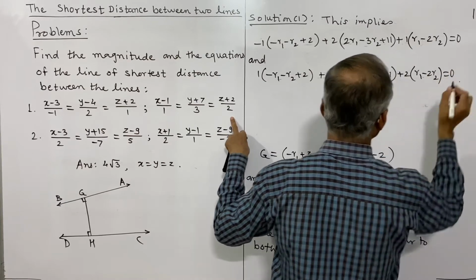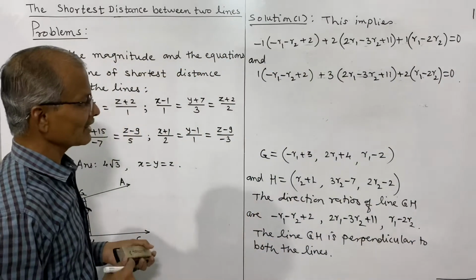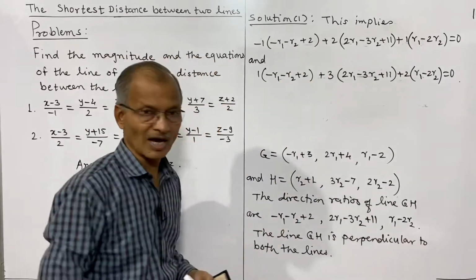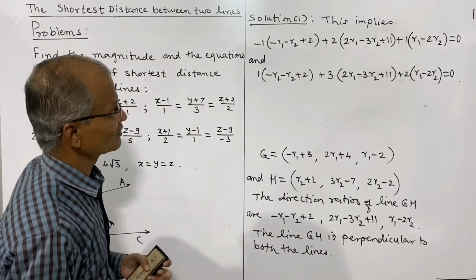This is equal to 0. Now we shall simplify this, and then we get the two equations in R1 and R2. We have to solve these two equations.